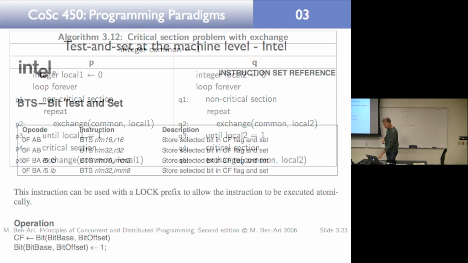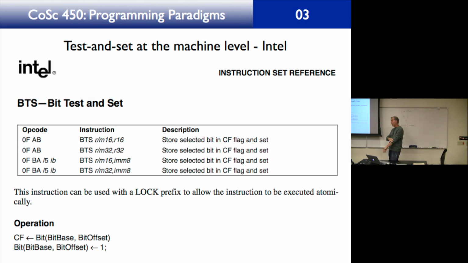So what happens now, and from a very early stage, is these instructions are hardwired into a single machine language instruction. And they're guaranteed to be atomic. The hardware can guarantee that they're atomic, because these are actually part of the instruction set of a processor.